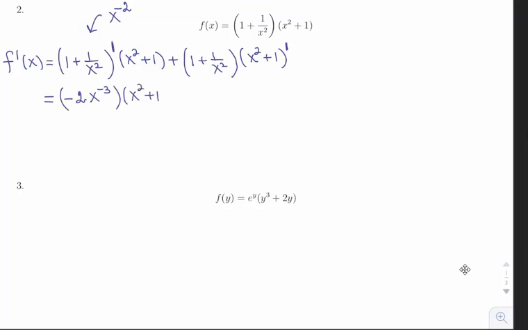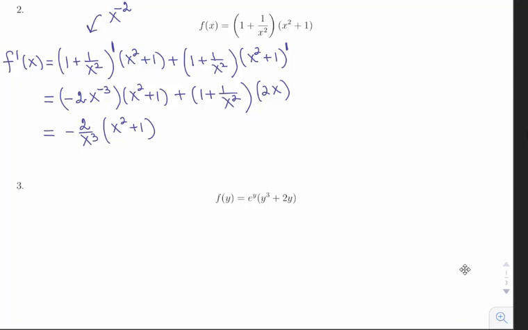This term doesn't change, plus 1 over x squared. The derivative of x squared plus 1 is 2x. Let me rewrite this one right here like this, negative 2 over x cubed times x squared plus 1.